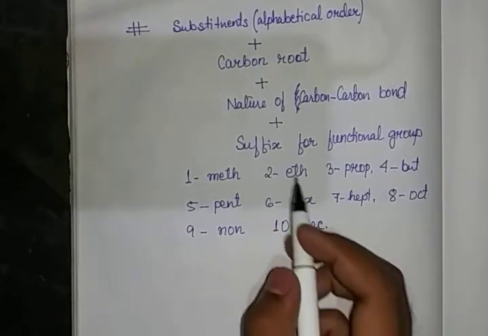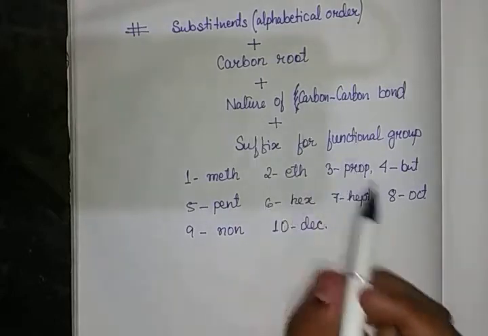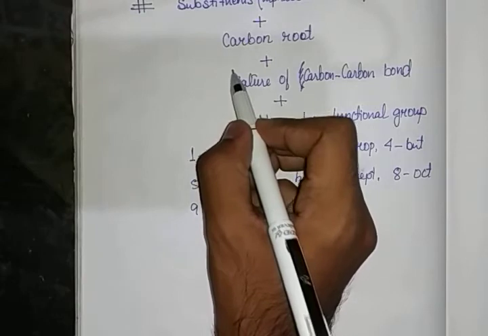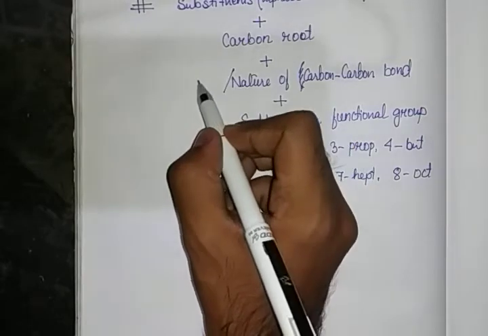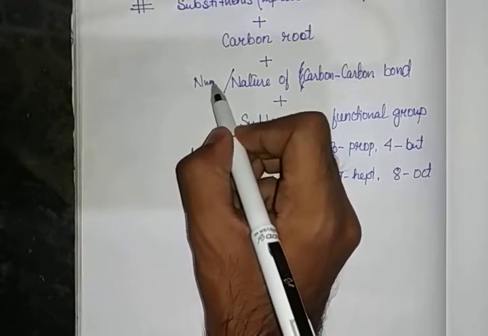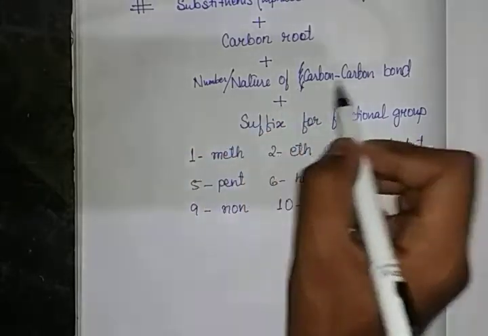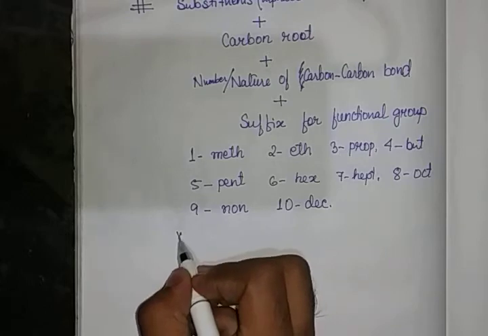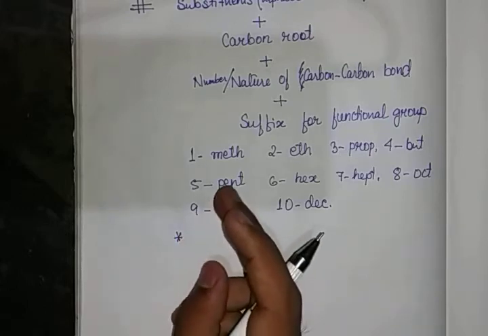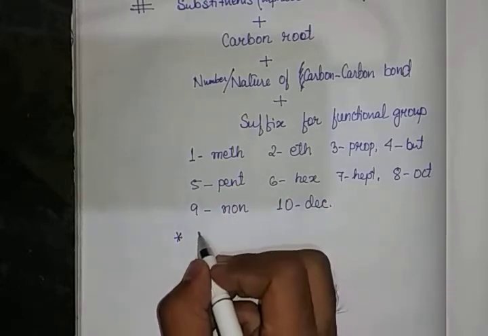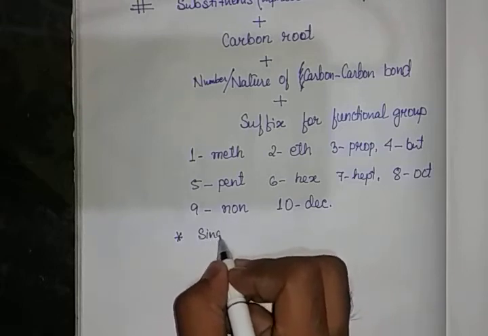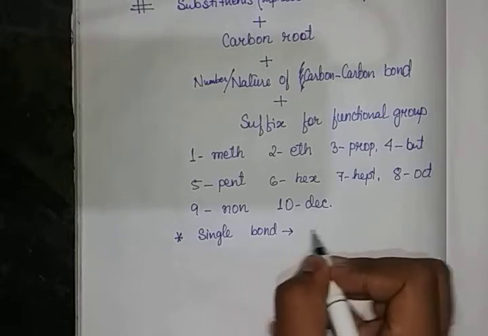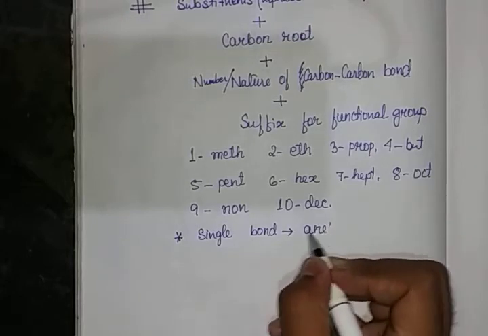Next comes the nature of the carbon-carbon bond. Instead you can write here the number of the carbon-carbon bonds. How many bonds are present? Now, what we know is that carbon can form at most a triple bond with another carbon. So, when a single bond is present, we will be writing ane.